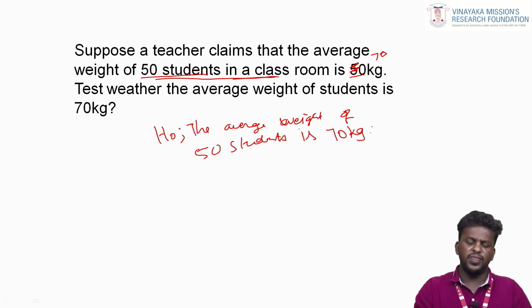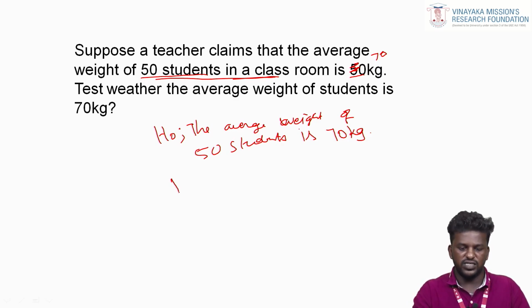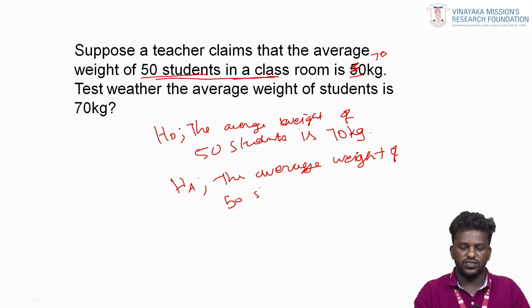Then my alternative hypothesis may be not 70 kg, less than 70 kg, or greater than 70 kg. I just use a two-tail test, that means unequal: the average weight of 50 students is not equal to 70 kg.